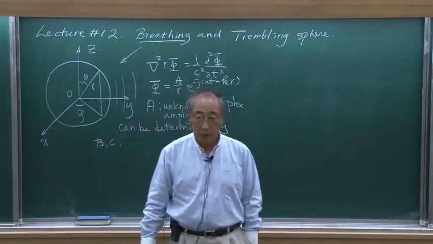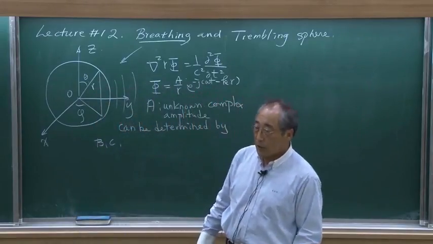Say BC, boundary condition. What kind of boundary condition is it?